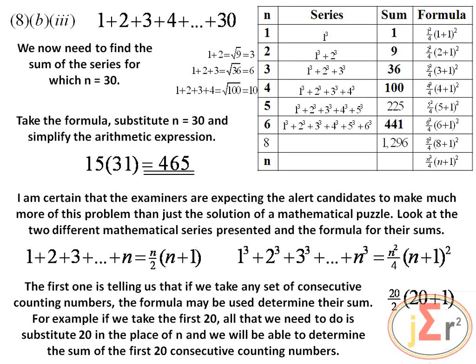So do that. 20 over 2, 20 plus 1. 2 into 20 is 10, and 20 plus 1 is 21. 10 multiplied by 21 is 210, and that will be the sum of the first 20 consecutive counting numbers. This is a result that we need to remember, 210.